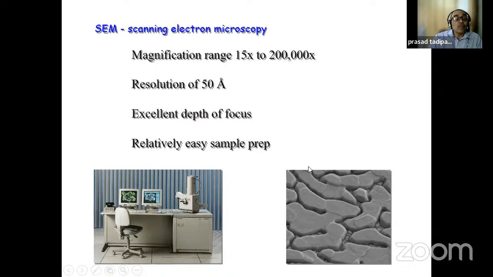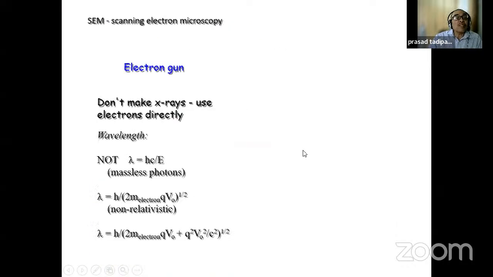Then we will move on to the transmission electron microscope. In this instrument, the source is a high resistive tungsten filament that is heated by an electric current, and it emits a stream of electrons.